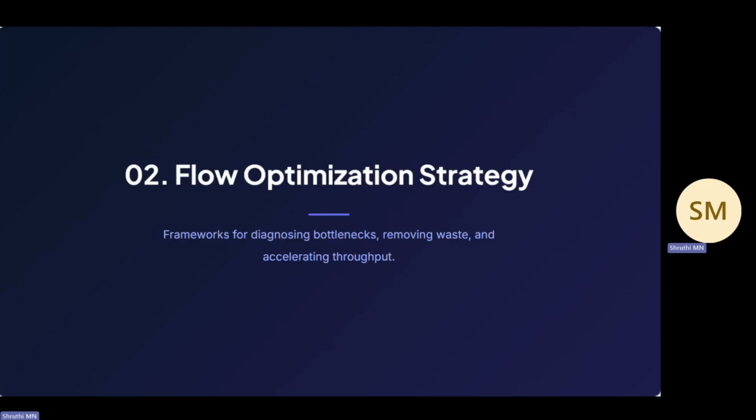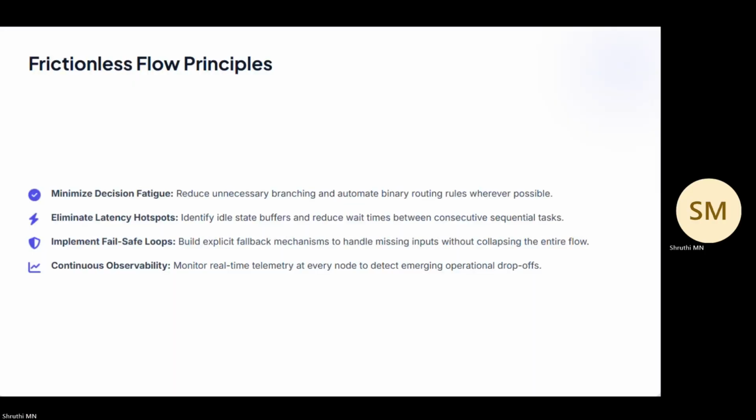Frictionless flow principles. Let's look at four important principles for creating frictionless flows. The first is minimize decision fatigue. This means reducing unnecessary decision branches and automating simple routing decisions wherever possible.